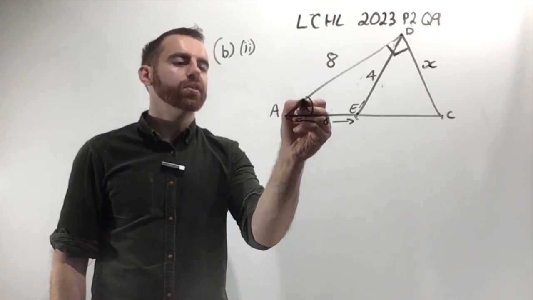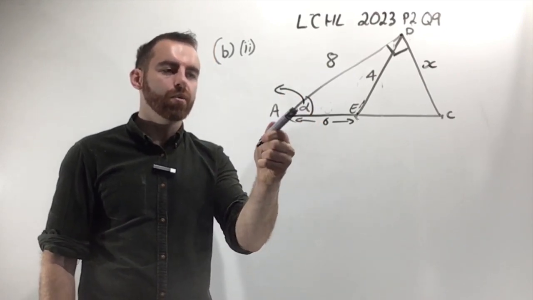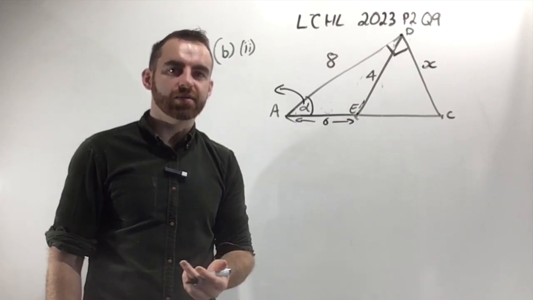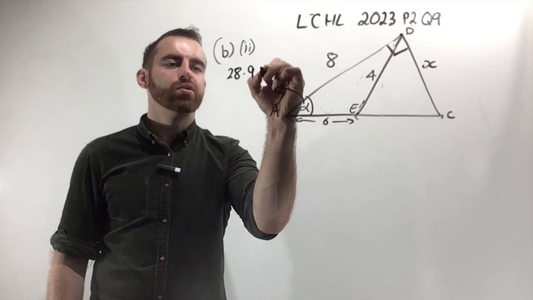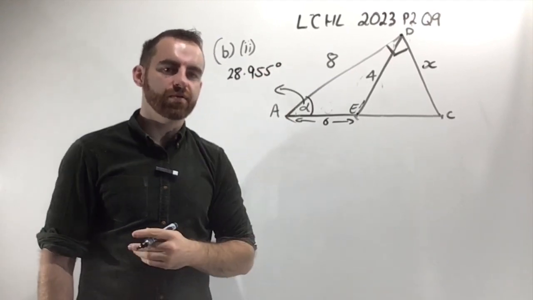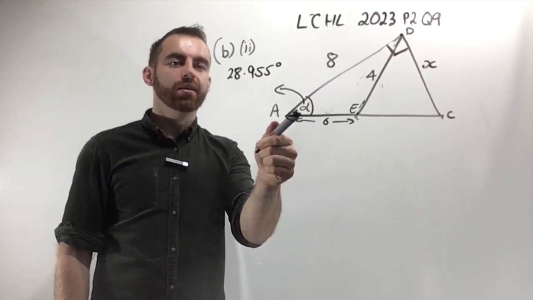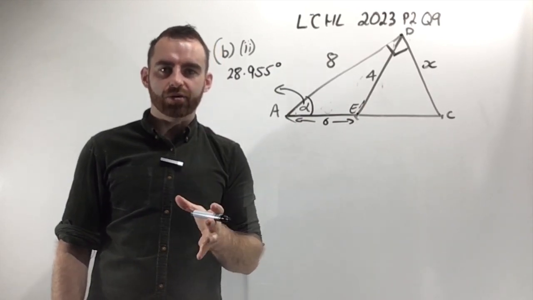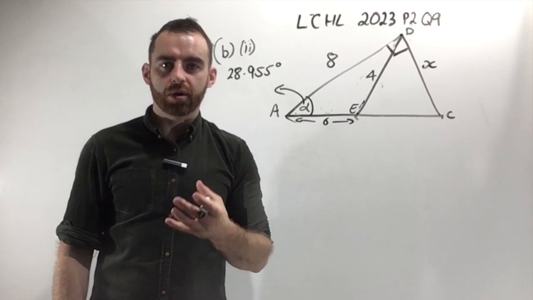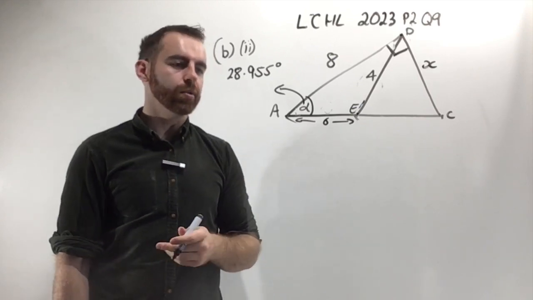The first thing you might do is, we worked out in B part 1 that alpha is cos inverse of 7 over 8, and if you plug that into your calculator, that actually works out as 28.955 degrees. So if I know this angle, I can easily get the value of x. Remember, if we have a right angle triangle, you should be thinking about what you learned at junior cert about trigonometry.